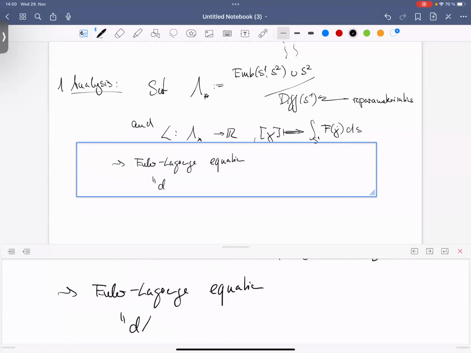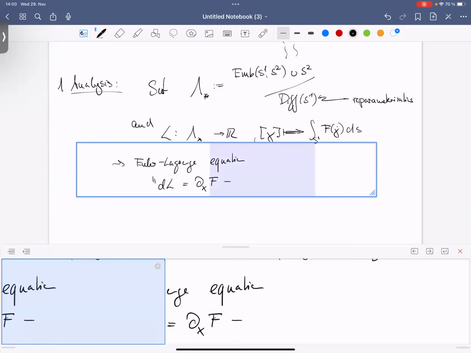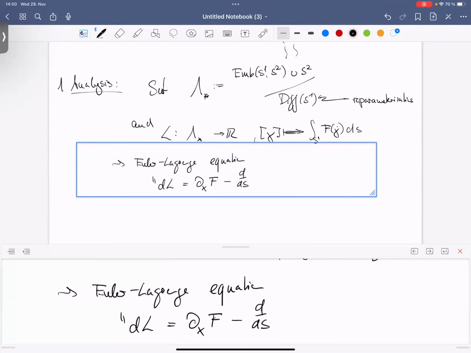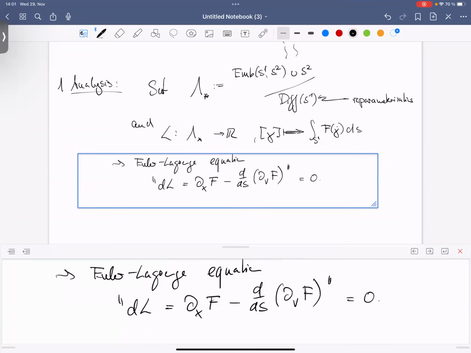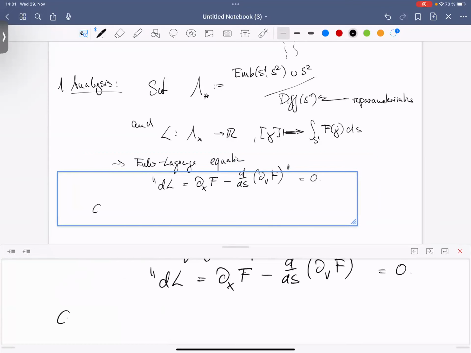It's nothing but the differential of the length functional, which is: take the derivative of your Finsler metric with respect to the base point, minus d/ds of the first fiber derivative of your Finsler metric. And closed geodesics will satisfy this equal to 0, as you know. And the critical points on this space, so basically where the differential vanishes, are exactly simple closed geodesics.